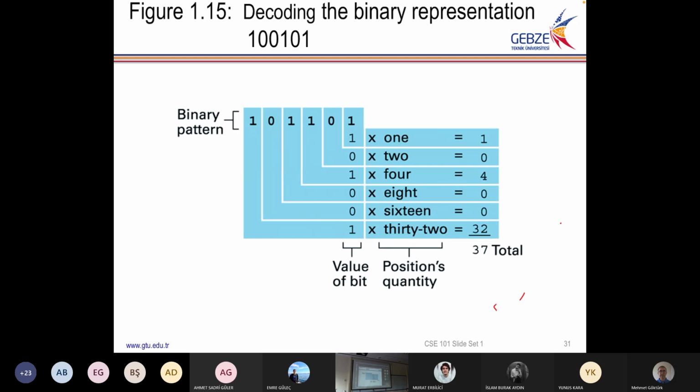More extended version of the same problem. When you have 101101 as a binary pattern, which consists of 6 bits, there is 1, there is 0, 4, 8, 0, 32, and the total is 45. Here's 2 to the 0, 2 to the 1, 2 to the 2, 2 to the 3, 2 to the 4, 2 to the 5. 2 to the 5 is 32.